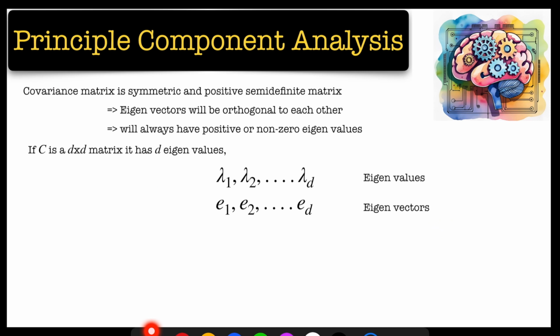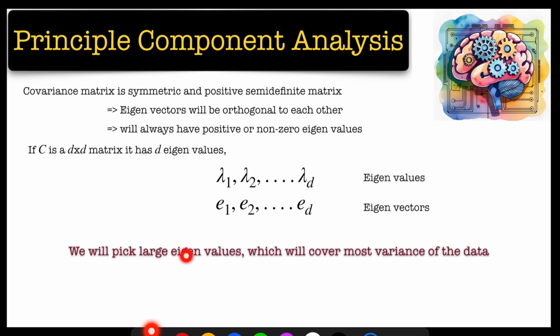The covariance matrix is a symmetric and positive semi-definite matrix. So the eigenvectors will be orthogonal to each other and will always have positive or non-zero eigenvalues. So if C is a D cross D matrix, it has D eigenvalues. Let's say these are the eigenvalues lambda 1, lambda 2 till lambda D, and these are the eigenvectors E1, E2 till ED.